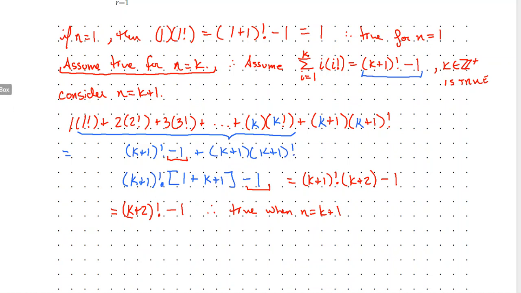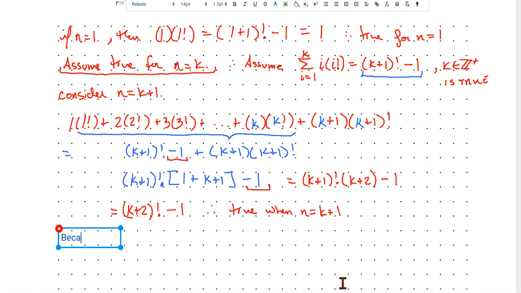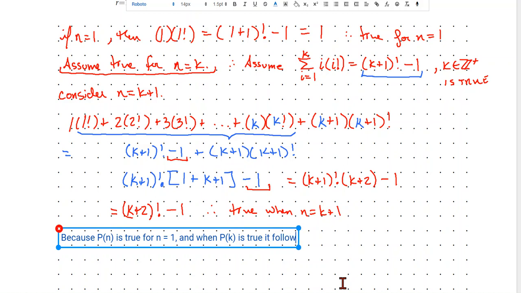So now that we've gotten all our work done and situated, we can come to our final statement. Because our proposition is true for n equals 1, and when our proposition is true for n equals k, it follows that our proposition is true for n equals k plus 1, by the principle of mathematical induction our proposition is true for all n.